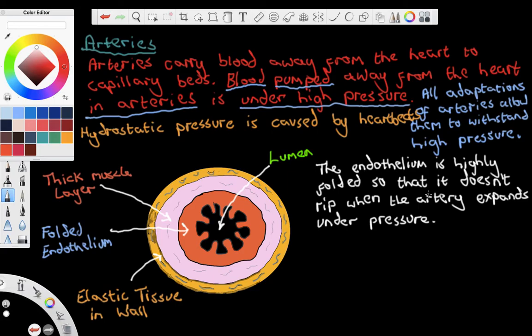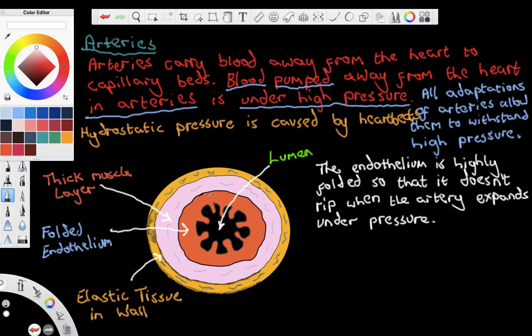Okay? So when this artery expands under high pressure as blood flows through the lumen, the endothelium simply smooths out. The folds unfold, preventing it from ripping. When it then relaxes, it goes back to being highly folded.